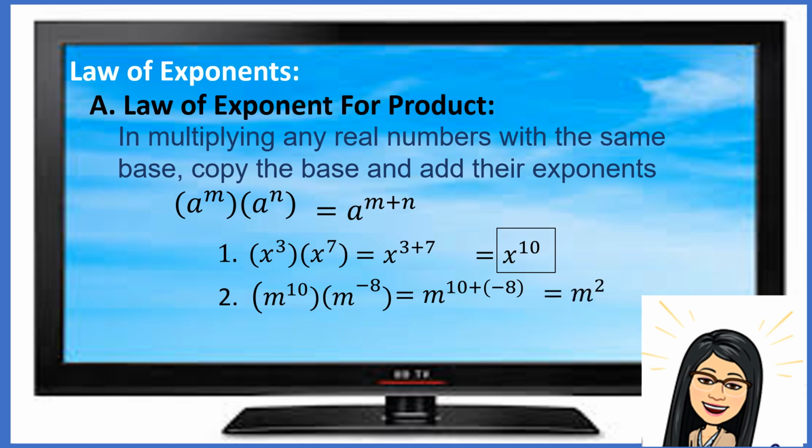So, we have m squared, and this is our answer. For the next example, x raised to negative 3 times x raised to 7. Let us copy x and then raise to negative 3 plus 7, and negative 3 plus 7 is equal to 4. So x raised to 4. This is our simplest form.